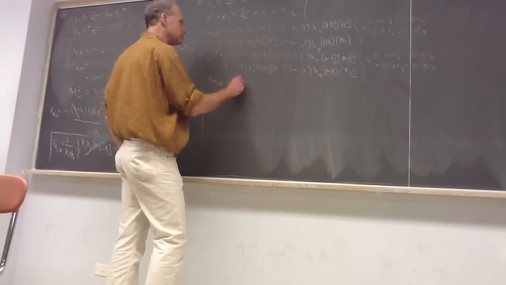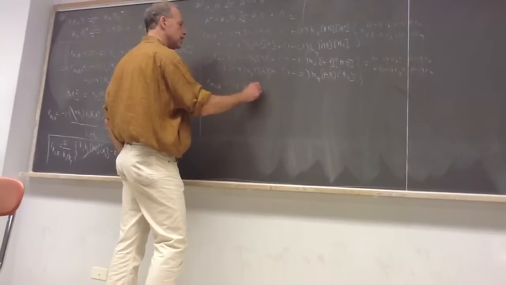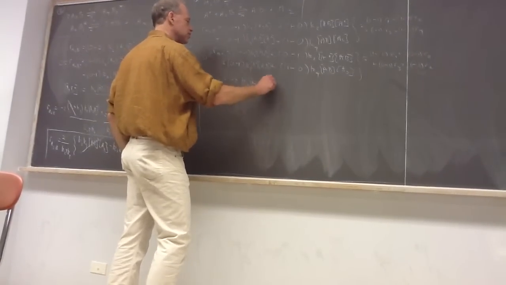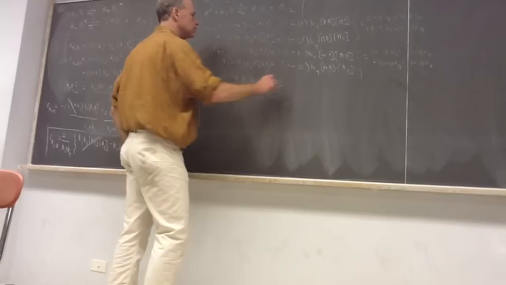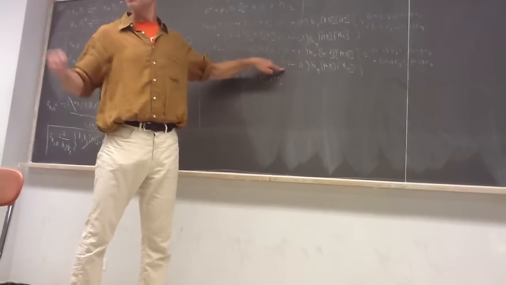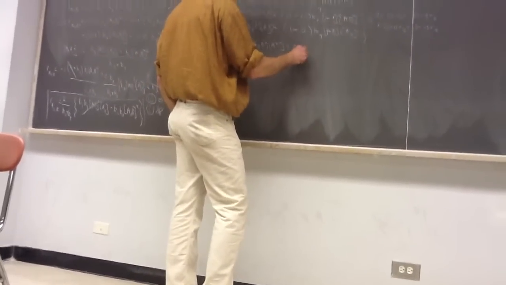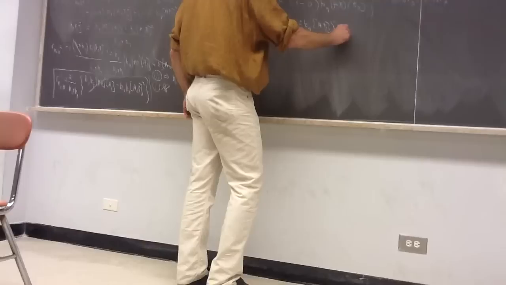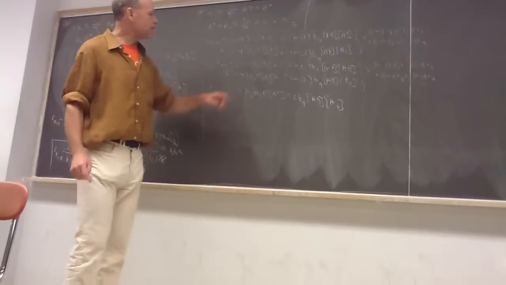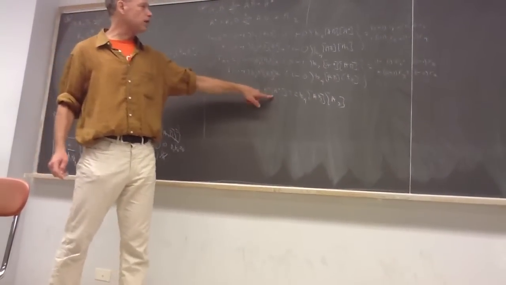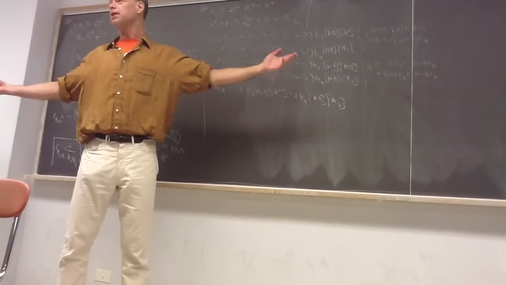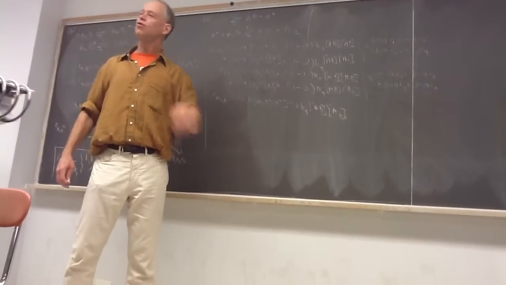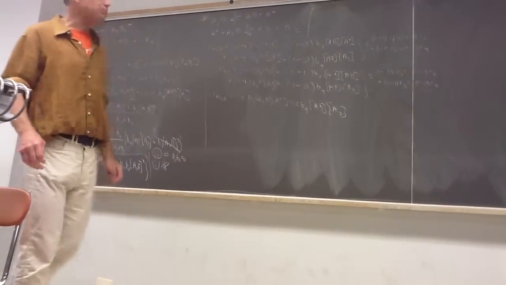So I have a minus 2 K3 A2B A star, and then I have plus 1, plus 1, plus 2 K4 AB A2. See, I ask hard questions. So that means when I solve for A star from here, I only have to plug in once instead of twice. If you like plugging in twice, go right ahead. The more algebra you do, the more likely it is to make mistakes.